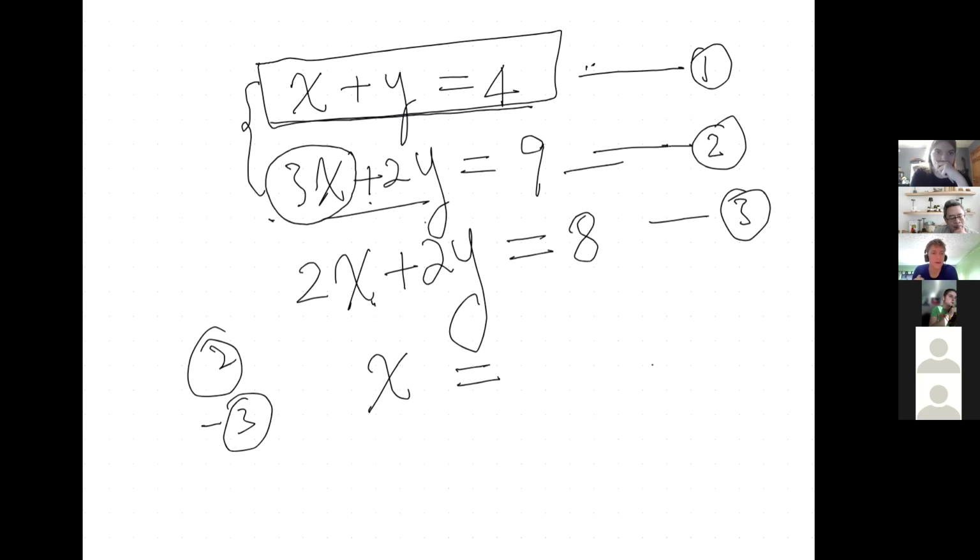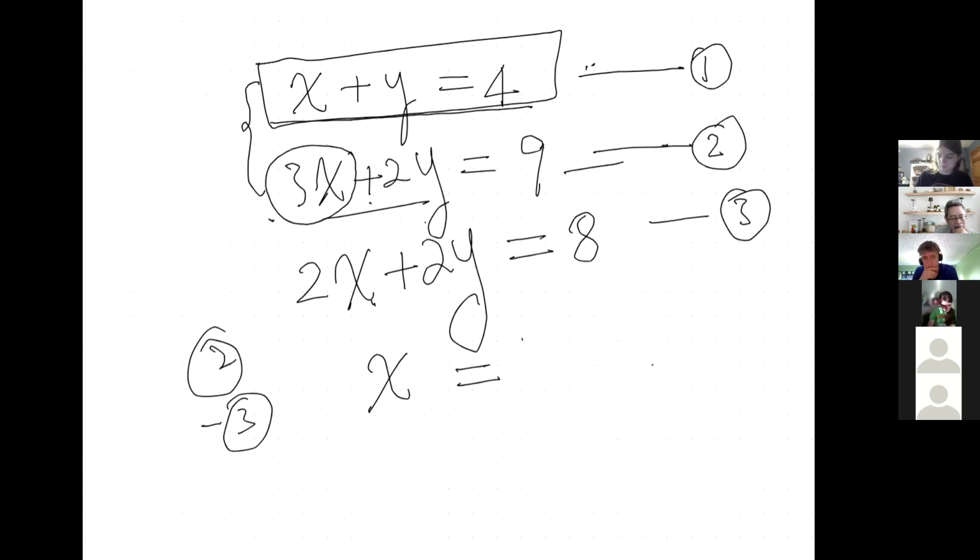Wouldn't that be negative x? Because 2 minus 3, that would be negative x. Well, I'm using 2 minus 3. So 3x minus 2x, that's x. Then on the right-hand side, 9 minus 8 is 1.